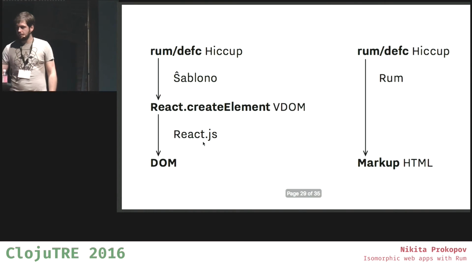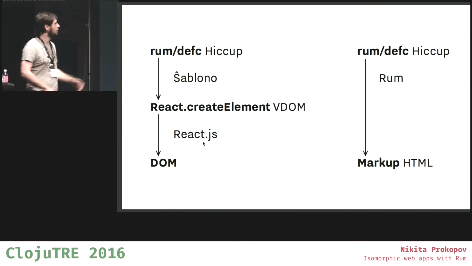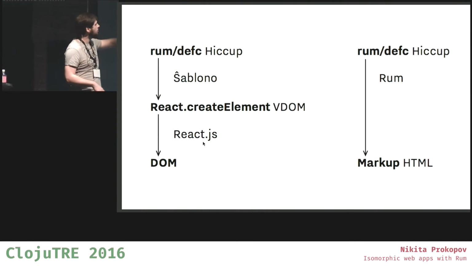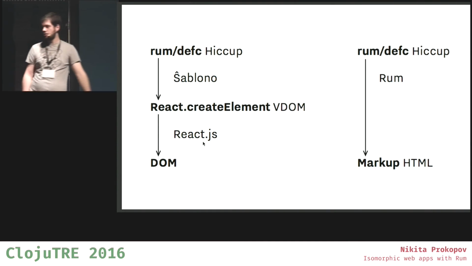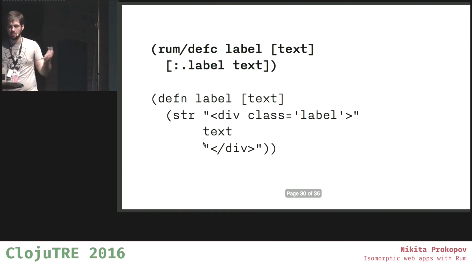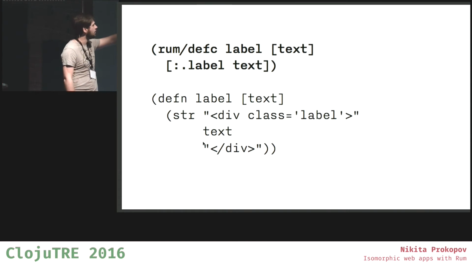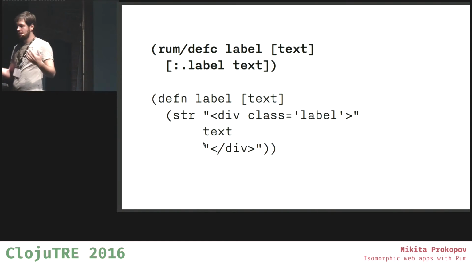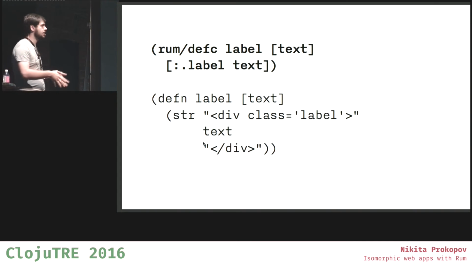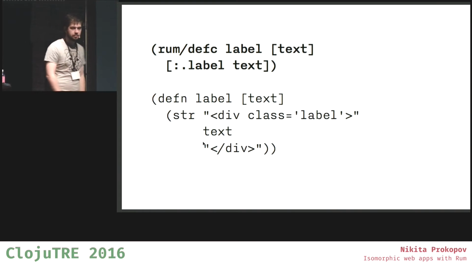And the idea is, if we remove the bottom part and come from the same source that we have, the hiccup syntax, but directly render it into a string. So if we expand the same macro, but into something like that, a function that returns a string, basically, we will get a server-side renderer that doesn't depend on React.js or a JavaScript engine at all.